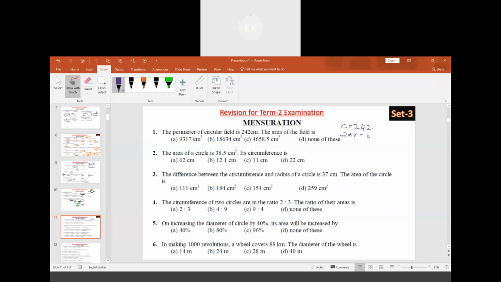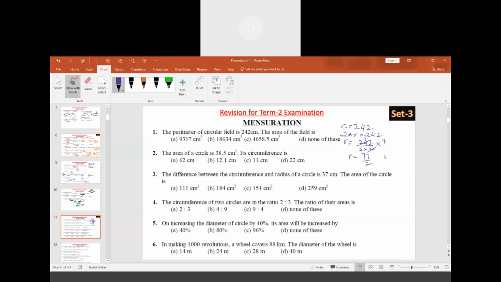So 2 pi r is equal to 242. r will be 242 divided by 2 times of 22 by 7. We can cancel this. 22 into 11 is 242, so 121, 11 times. So the r value we get is 77 by 2.